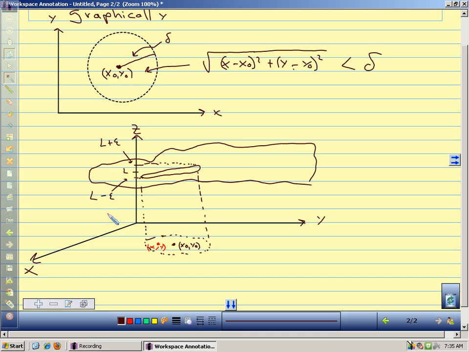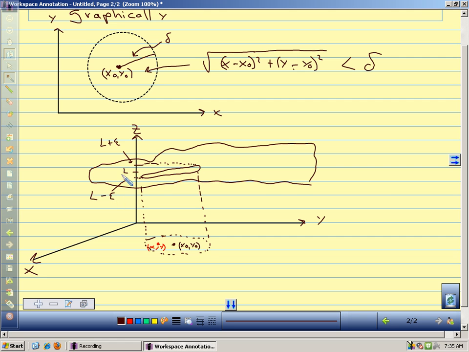So when we're inside this open disk in the domain, if our limit is L, that's going to guarantee that I'm in this little band of values. So if I'm close in the domain, I'm close in the range.